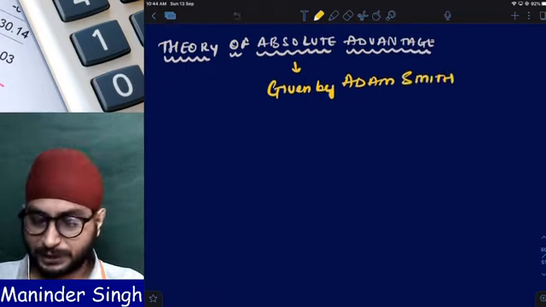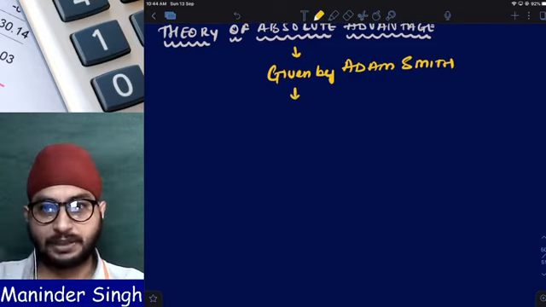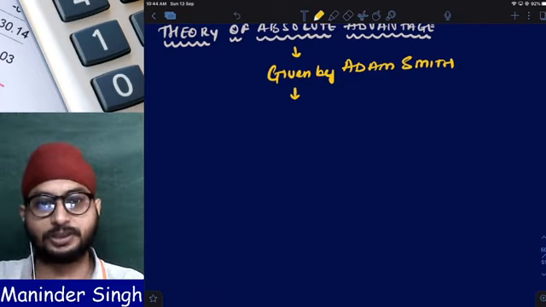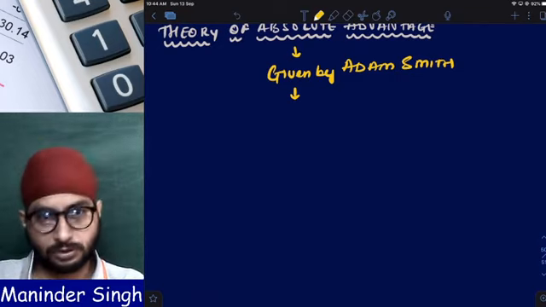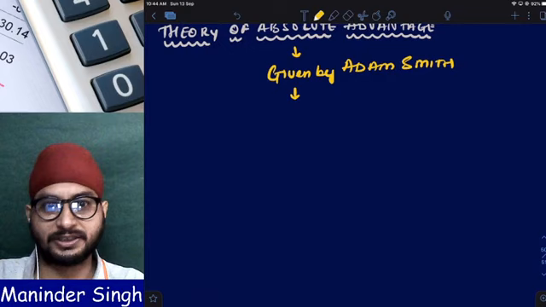Now, as per Adam Smith, is international trade a zero-sum game or not a zero-sum game? He told that it is not a zero-sum game.